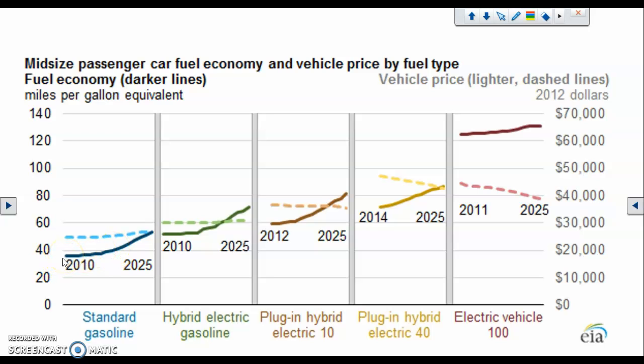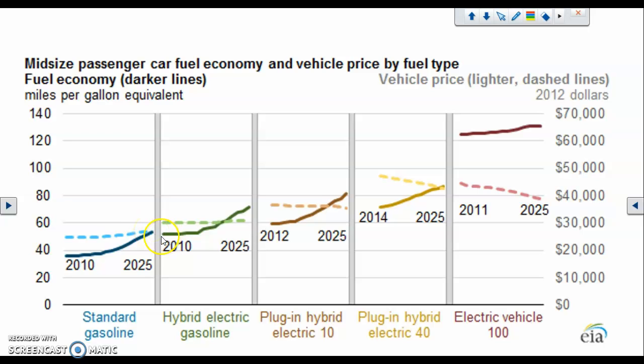In 2010, they approximately had almost 40 miles per gallon, and I don't know how accurate this is, to tell you honestly. I think this is just an average of all mid-sized passenger cars. I'm thinking they're talking more about the smaller four-door cars here. But anyway, it's forecasted that in the year 2025, we will attain around 50 miles per gallon.